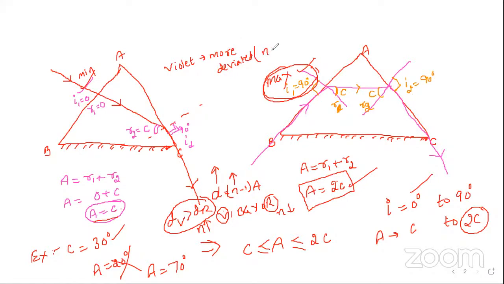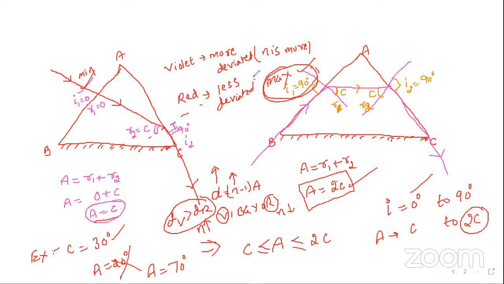Reason? Refractive index is more. For red color, deviation is the least, because the refractive index is less. Got it?